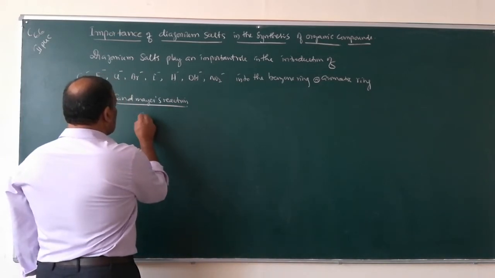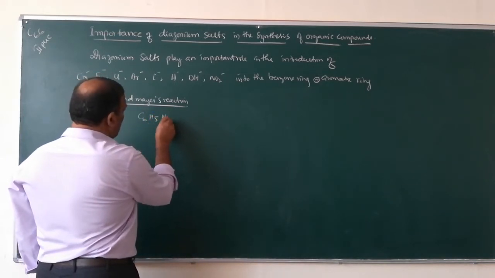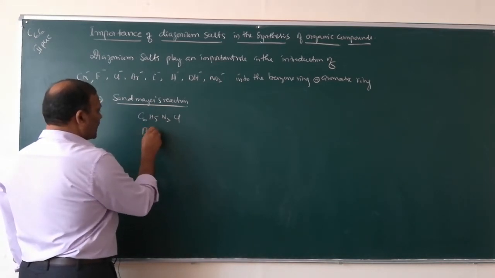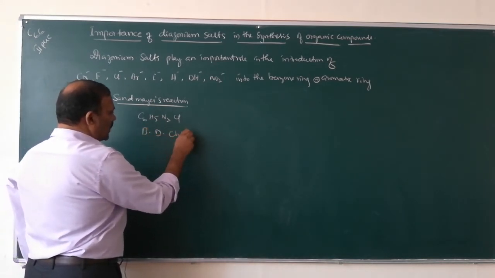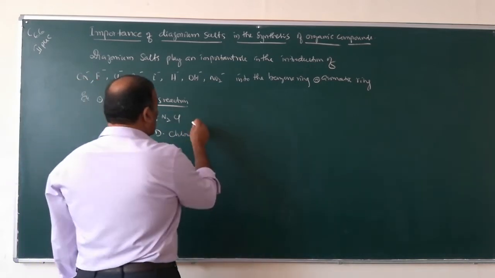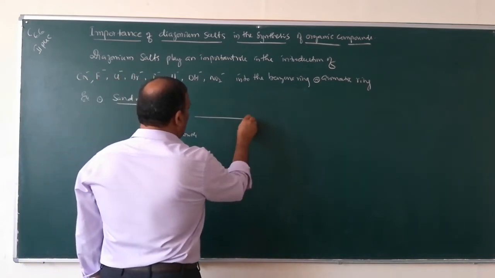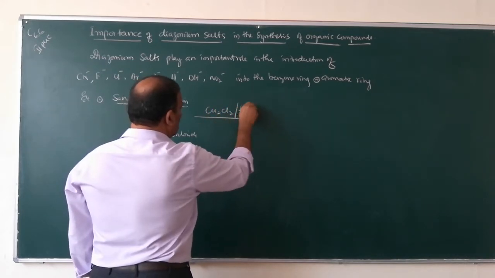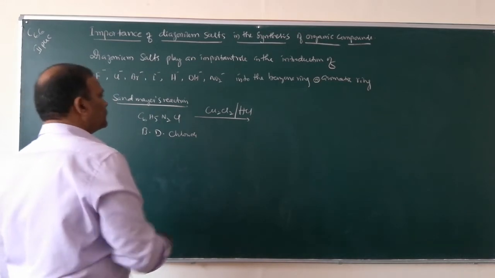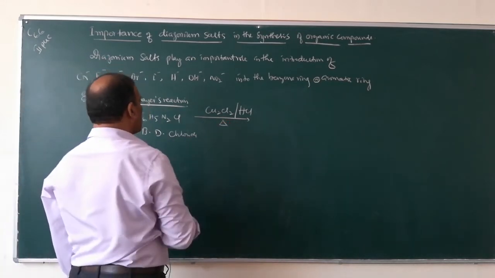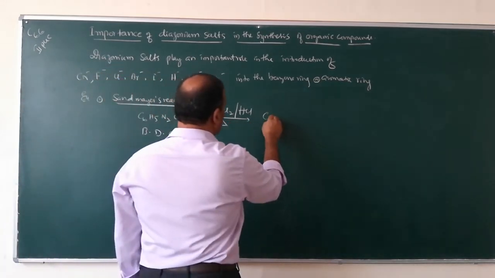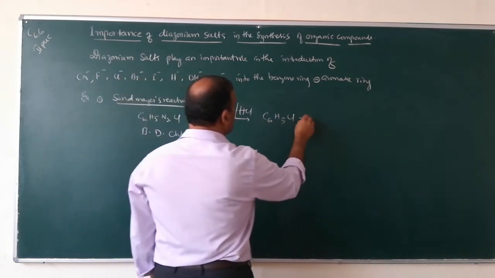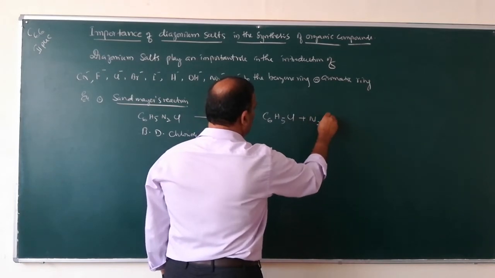So example, C6H5N2Cl. What is this compound? Benzene diazonium chloride. When heated with cuprous salt Cu2Cl2 in presence of HCl, what happens? You will get C6H5Cl plus N2.